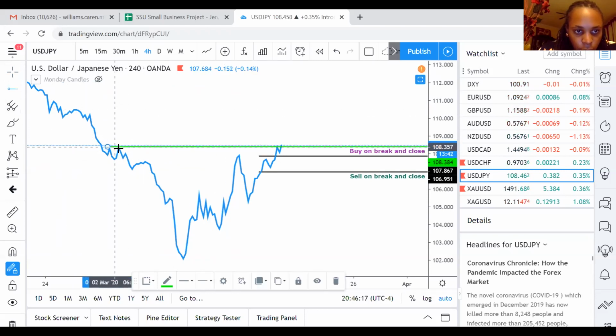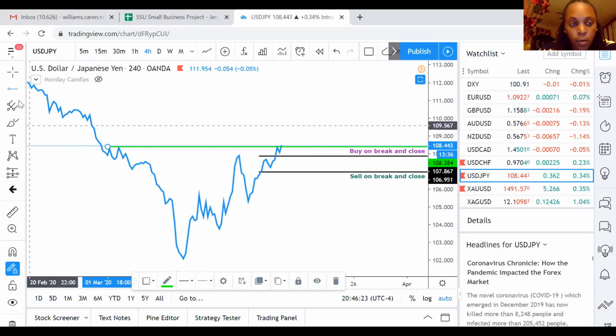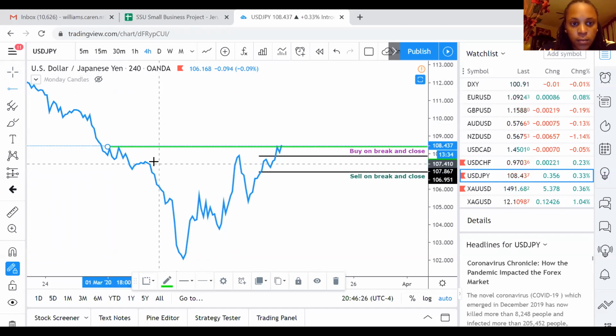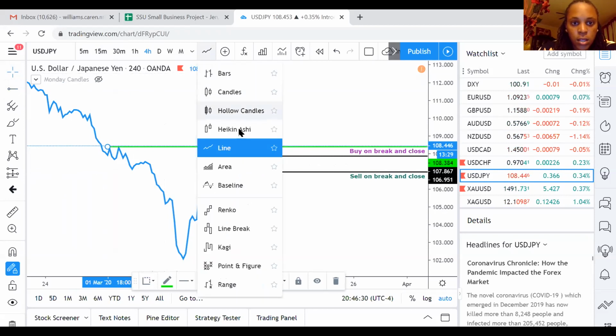This would have been your take profit one. Over here would have been a little too close, so definitely this mountain top here would have been your take profit one, right? This would have been your take profit one here on USD Japanese yen.